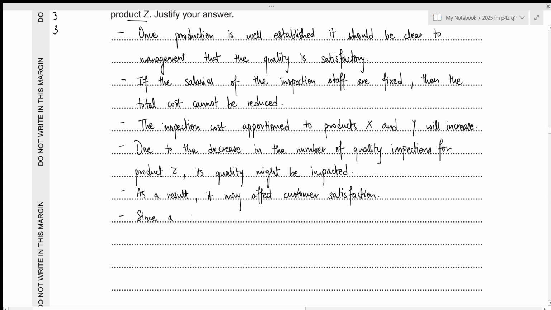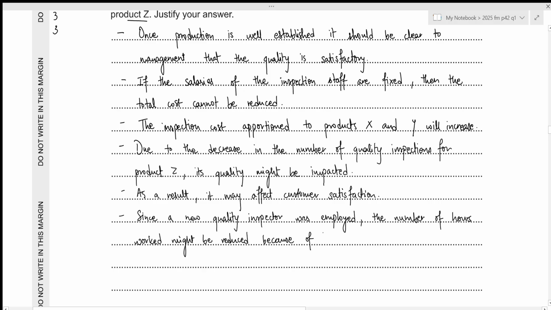Since a new quality inspector was employed, the number of hours worked might be reduced because of the decrease in the number of quality inspections.